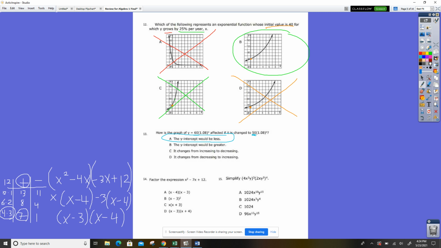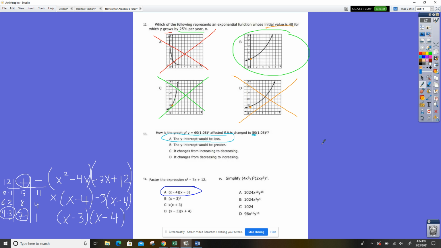Then I just look for the answer choice that says that, which in this case is answer choice A. Now again, we could have graphed this in our graphing calculator just like I taught you in the first few questions. You can graph the original equation, x squared minus 7x plus 12, and your answer choices and see which one matches, or you can factor it like we did in the chart here.